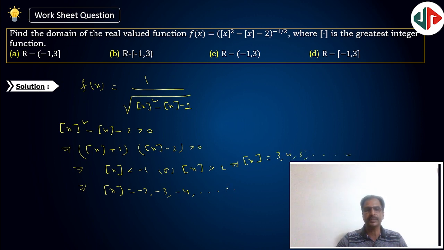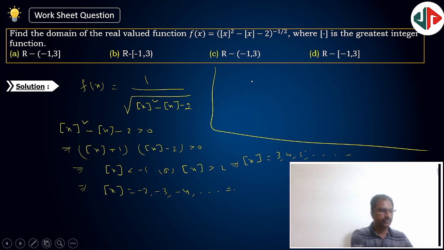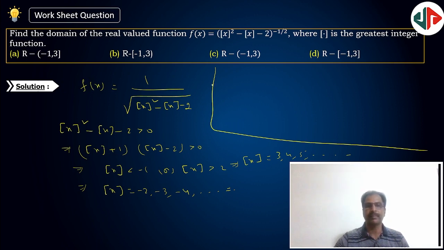Now step x equal to minus 2, minus 3, minus 4 implies x lies between minus infinity and minus 1. Step x is equal to 3, step x is equal to 4, step x is equal to 5 implies x lies between 3 to infinity, including 3.